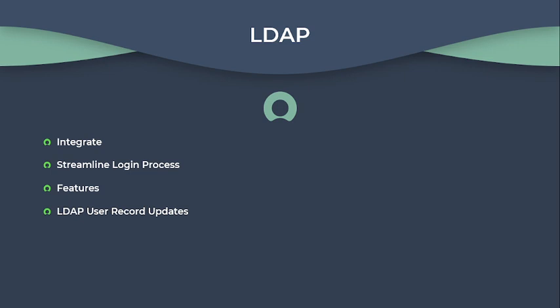The integration uses the LDAP service account credentials to retrieve the user distinguished name, DN, from the LDAP server. Given the DN value for the user, the integration then rebinds with LDAP with the user DN and password.